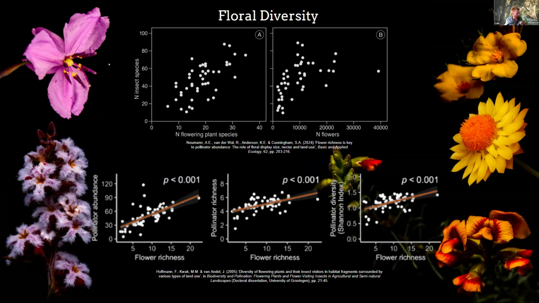This is from a 2024 study. And then over here, this is number of flowering plant species. So the number of species of different flowering plants that you have also increases the number of insect species that you have in a given area. Both of those factors are really important, and it's why you need not only the generalist species that produce a lot of nectar and a lot of flowers, and bring a lot of invertebrates in, but you need the specialists as well.